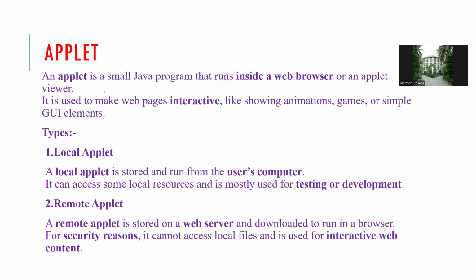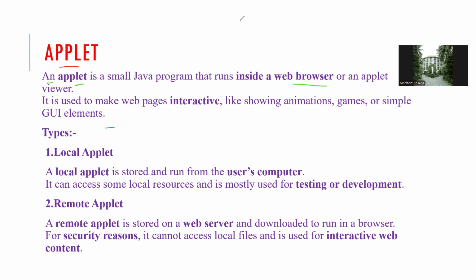Now, what is an applet? Just a minute, let me try to get some other color. Will it work? Yes, it is working. Let me take green. So an applet is a small Java program that runs inside the web browser. Yes, absolutely, but not nowadays.